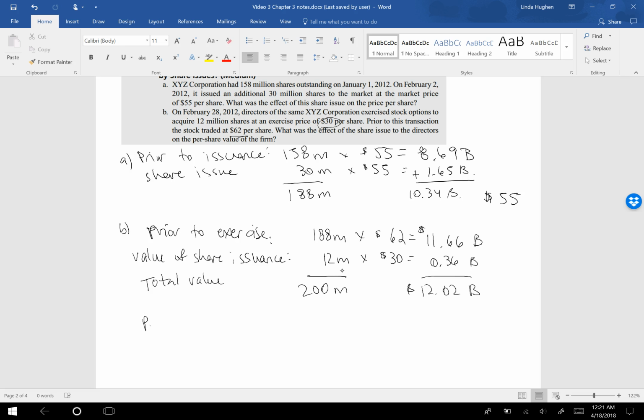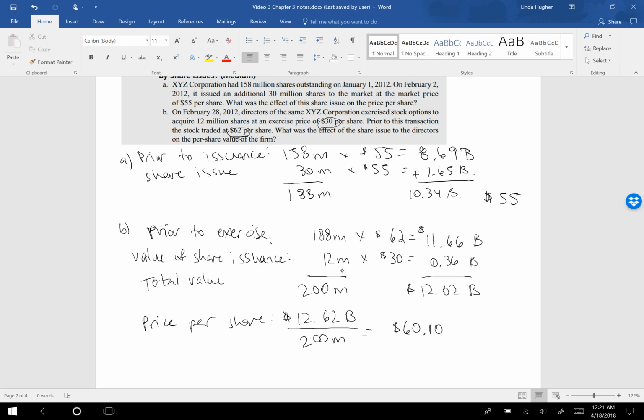So what is the price per share after the exercise? 12.02 billion divided by 200 million shares. The new price per share is $60.10. The price before was $62 per share.